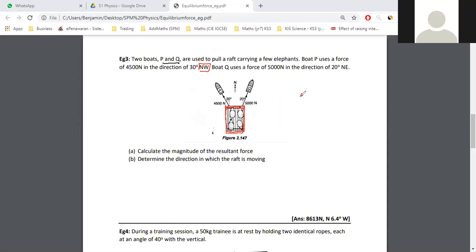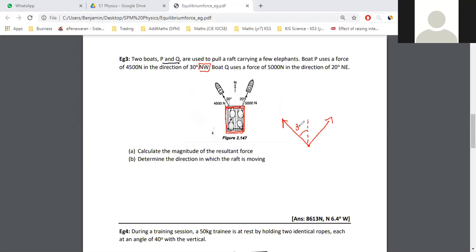And then draw the force diagram. So here you have this force here and this force here.